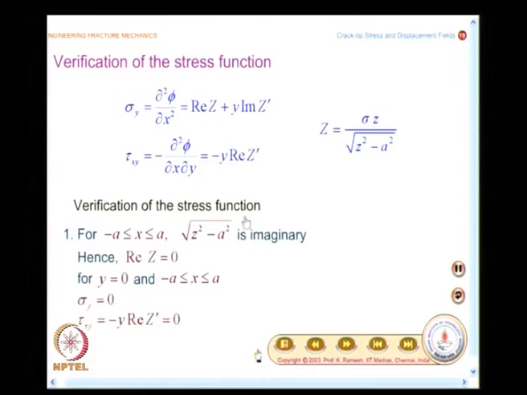So, what we are able to now show is, on the crack face sigma y is 0 as well as shear stress is 0. So, boundary condition 1 is fully satisfied.